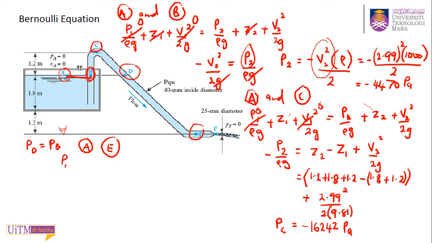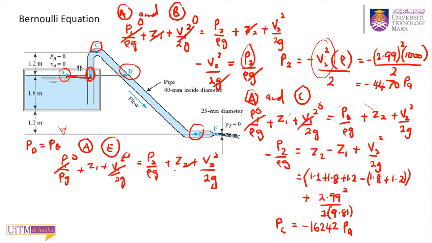So P1 over rho G plus Z1 plus V1 squared over 2G equal to P at E over rho G plus Z2 plus V2 squared over 2G, and this is 0 and this is 0.